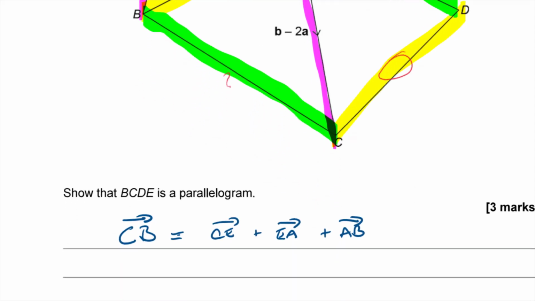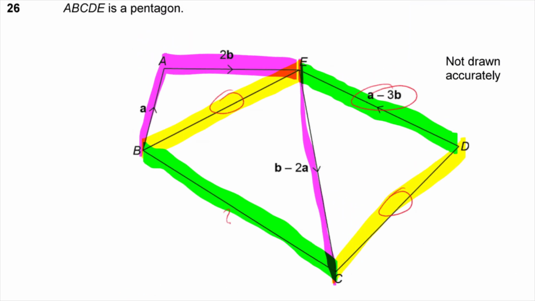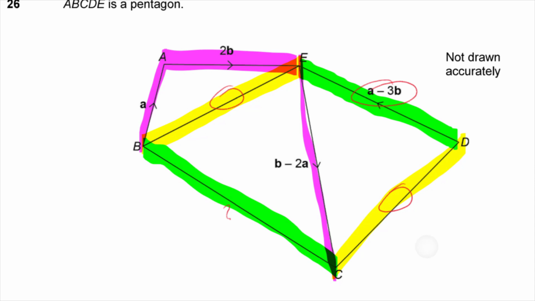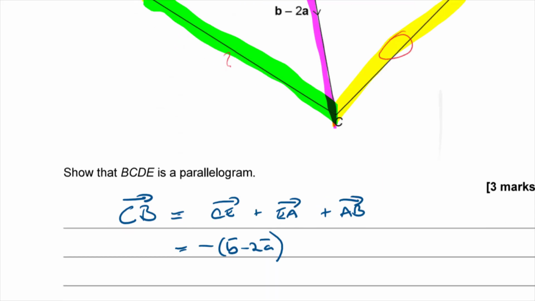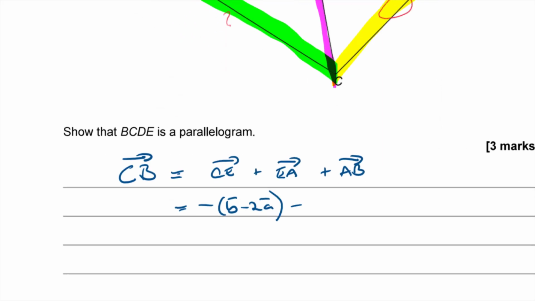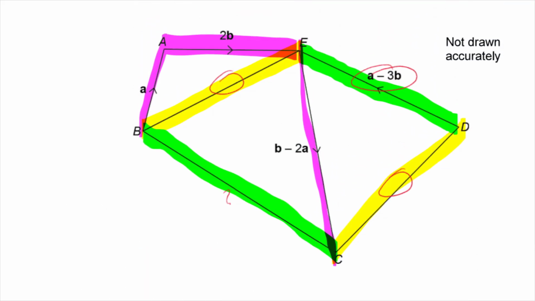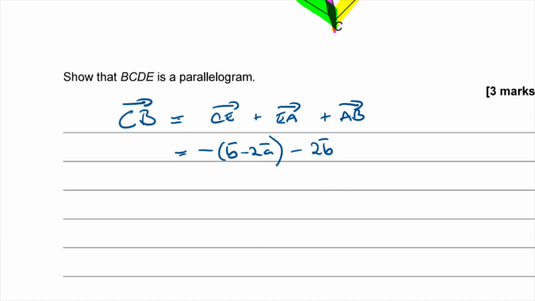It's going to be minus. So it's going to be minus B minus 2A. I'm going against that arrow as well, so E to A is minus 2B. And A to B, again against the arrow, so that's going to be minus A.